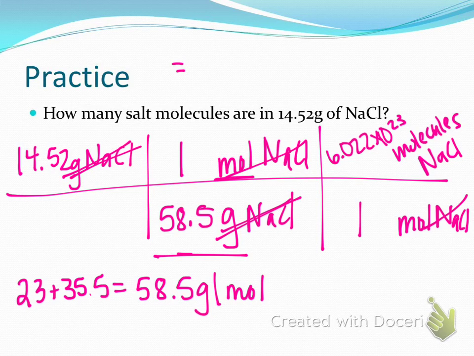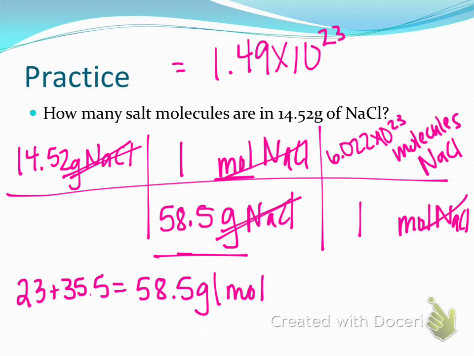Are we expecting a big number here or a small number? Big, right? We're looking at number of molecules. So don't miss in your calculator where it says e to the 23rd, right? Otherwise, you're looking at our final answer being 1.49, or 1.5, 1.4.